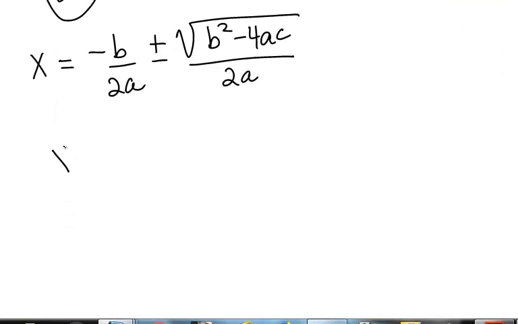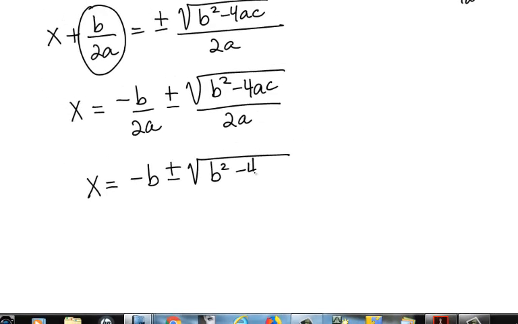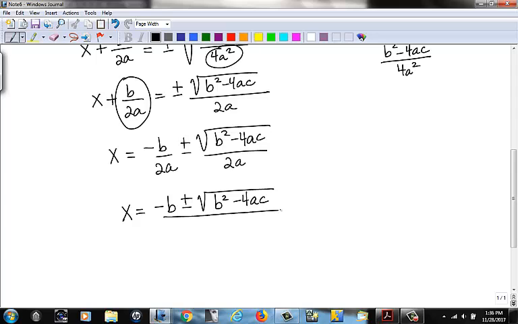Okay, so you'd have x equals, they both have the same denominator, x equals the opposite of b plus or minus the square root of b squared minus 4ac, and it's all over 2a. And that is your quadratic formula. You get your quadratic formula from the quadratic equation by completing the square. Okay? So that's your main formula for the quadratic.